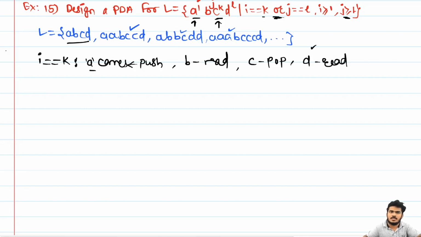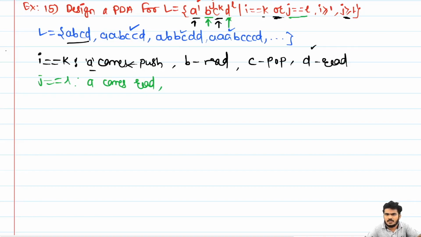Okay, so similarly when j is equal to l, whenever a comes, we have to just read that a. Whatever number of b's occur in the language, that number of d's we will get, because we are considering j is equal to l.